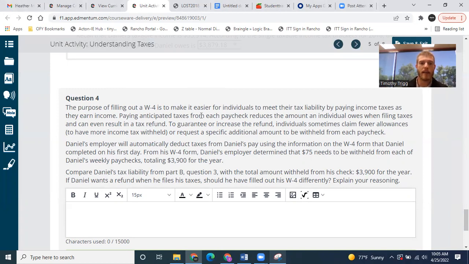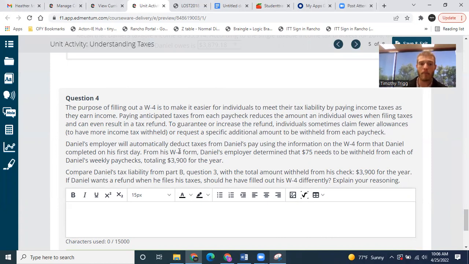So paying anticipated taxes from each paycheck reduces the amount an individual owes when filing taxes and can even result in a tax refund. You know, a lot of people get a tax refund because they paid more in taxes than they actually needed to throughout the year. To guarantee or increase the refund, individuals sometimes claim fewer allowances to have more income tax withheld or request a specific additional amount to be withheld from each paycheck.